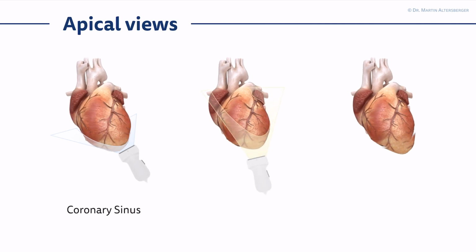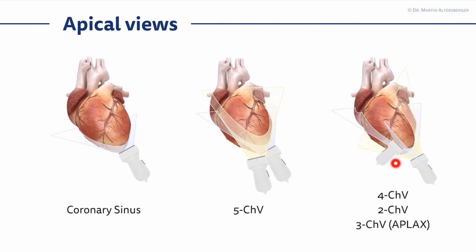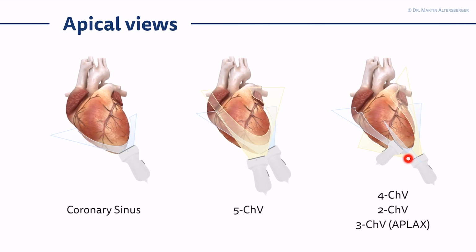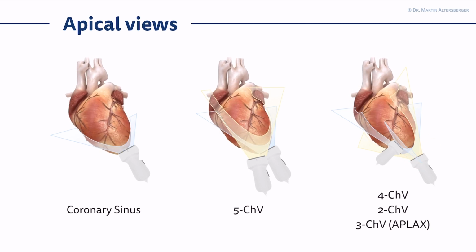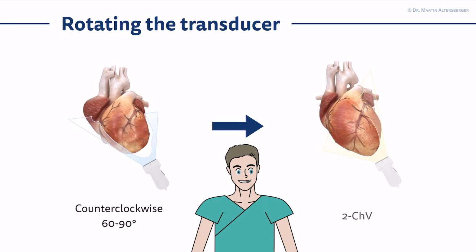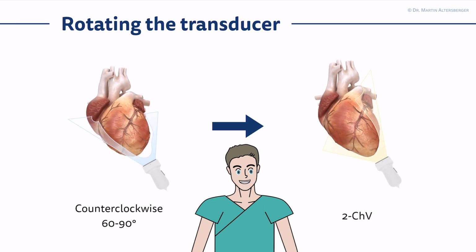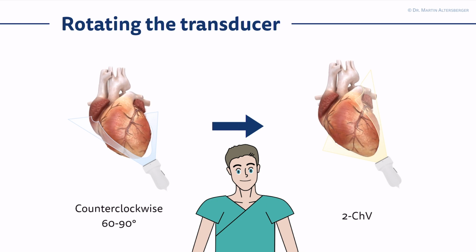The apical views, to recall them: for the 4-chamber view, you have this orientation, and then you start the rotation and continue rotation until you see the structures you need to find. So with a counterclockwise rotation, approximately 60 to 90 degrees, you cut the heart from this perspective, visualizing the left ventricle and the left atrium.